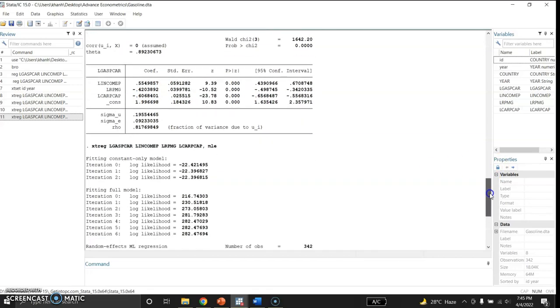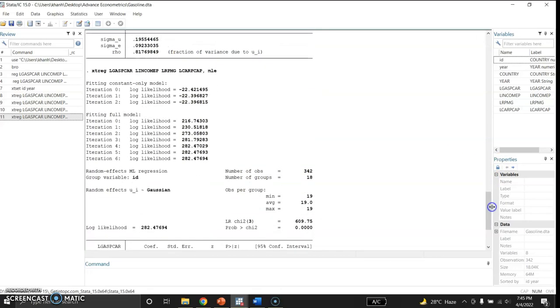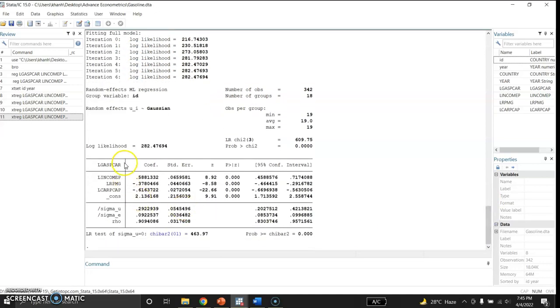Finally, I have used the panel regression for the same variables using maximum likelihood estimation with GLS, and these are the various iterations, and below this, these are the coefficients. Again, the coefficient of the natural log of income per capita is positive. The coefficient of natural log of real price of gasoline is negative, and the natural log of car per person, that is also negative.